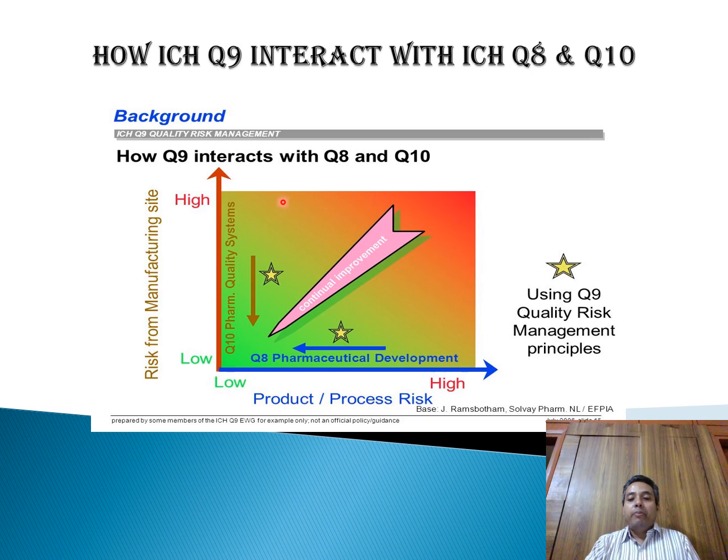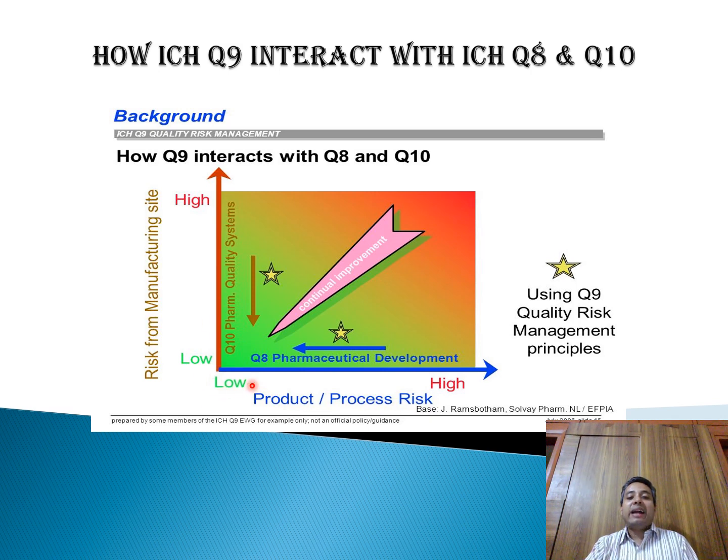Now, from the background of the concept for development of ICH Q9 by ICH regulators, US FDA, EMEA, and MHLW, and the approaches of the ICH Q9 guideline known as the prospective approach and retrospective approach, we can conclude that the ICH Q9 guideline does have an interaction with the ICH Q8 guideline, known as pharmaceutical development, and the ICH Q10 guideline, known as pharmaceutical quality system.